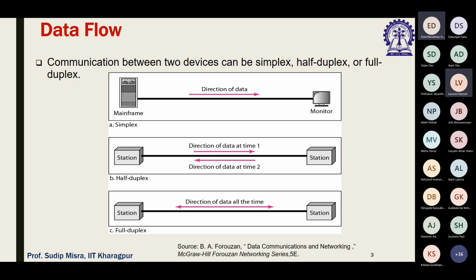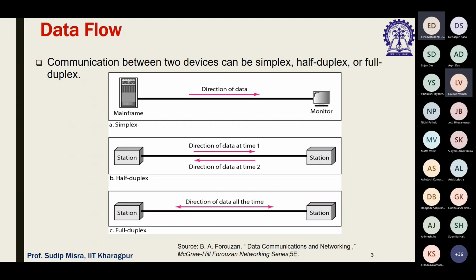So what is this simplex? In simplex communication, the sender device sends some message to the destination node along a certain path in a certain direction, right? And this is kind of like a one-way street.